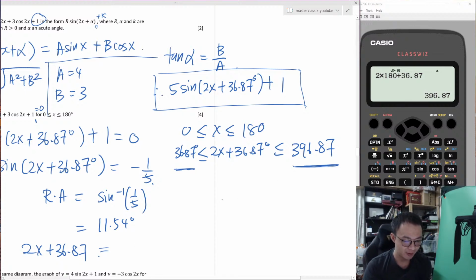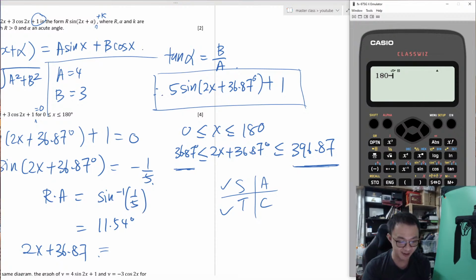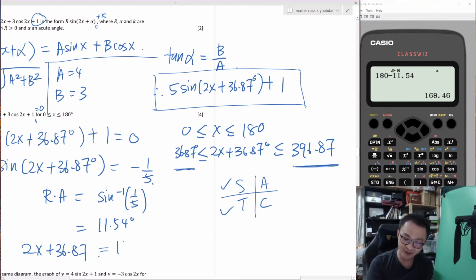Basically, because sine is negative, add sugar to coffee, sine is negative in the second and third quadrants. Alright, so no surprise. Second quadrant is 180 minus theta, 11.54, so it will be 168.46. This is 180 plus theta.